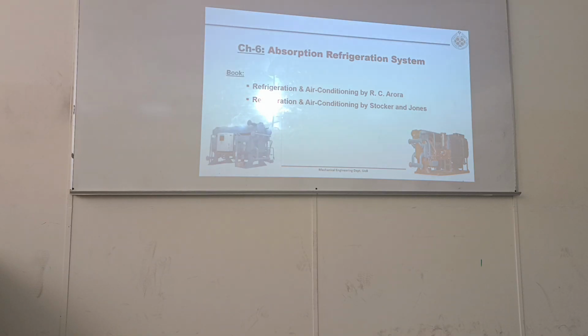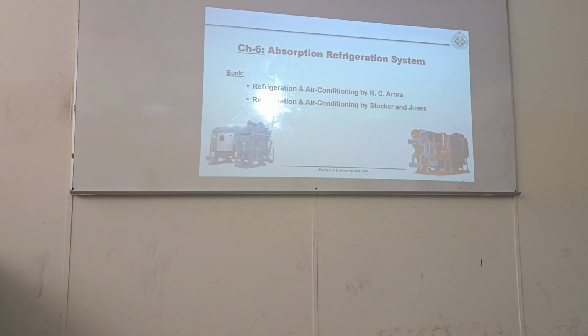So now let's start the next chapter, chapter 6. This chapter is about the absorption refrigeration system, another type of refrigeration system. So far we have covered vapor compression and air cycle refrigeration systems.